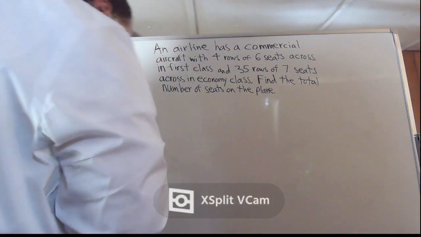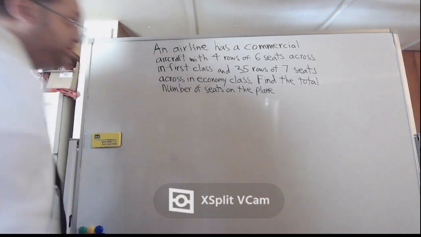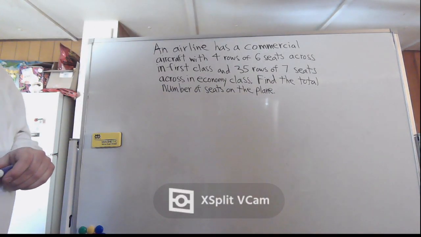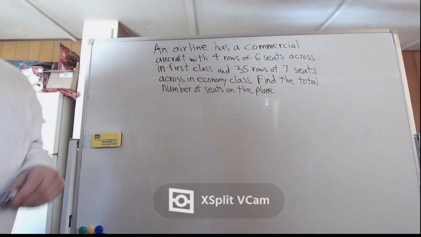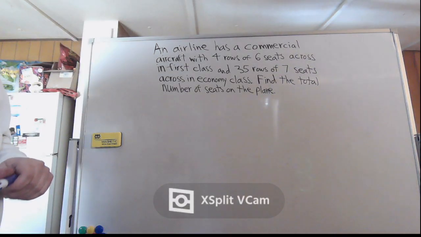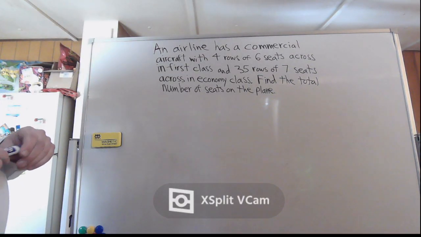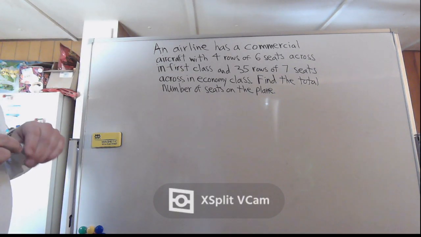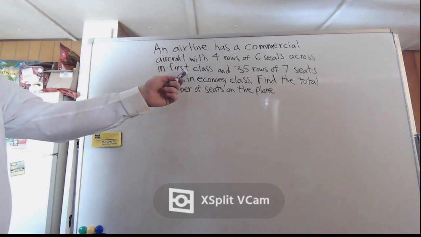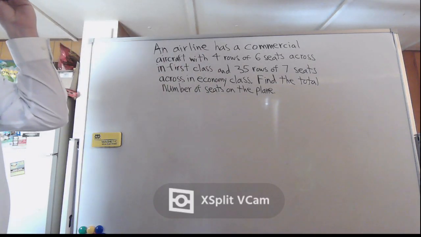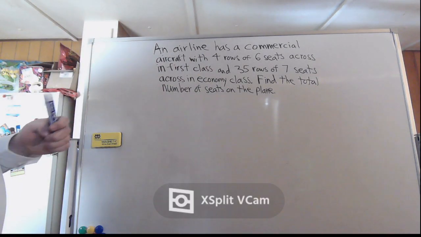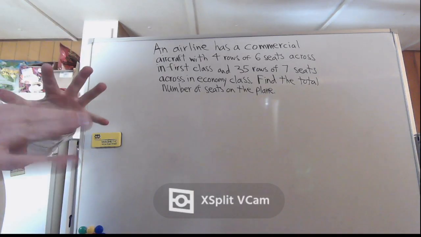So let's read the problem, see what they're asking here, what they give you. An airline has a commercial aircraft with 4 rows of 6 seats across in first class and 35 rows of 7 seats across in economy class. They want you to find the total number of seats on the plane.